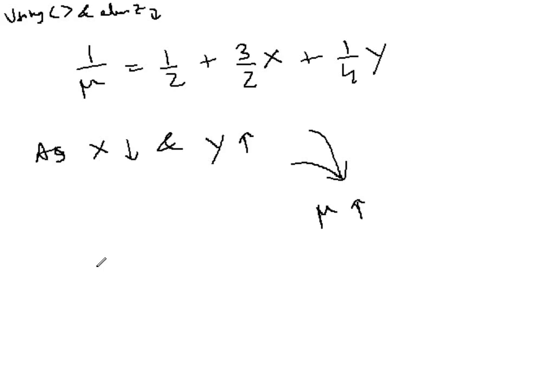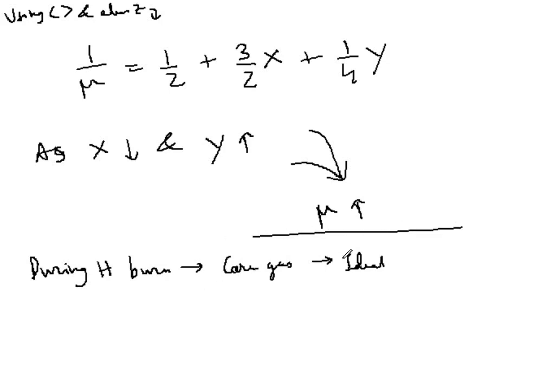Okay, now during hydrogen burning, the core gas can be treated as ideal, and so we can write P is equal to R by mu into rho T. Okay, fine.